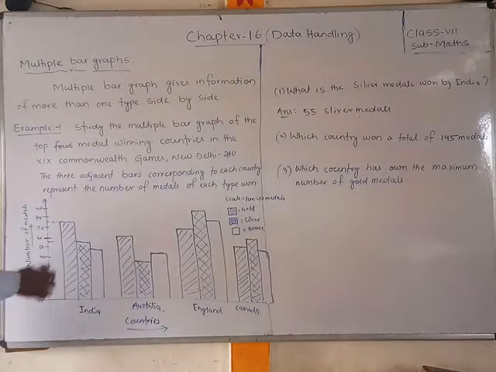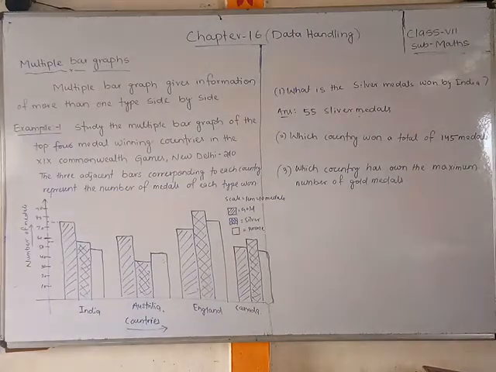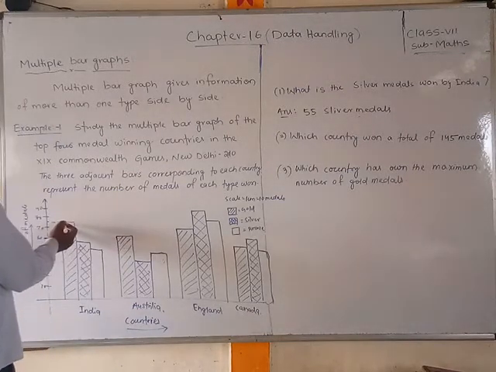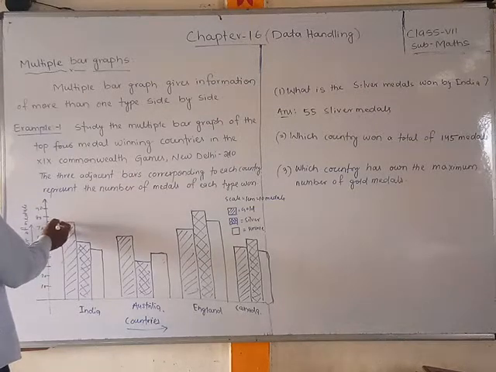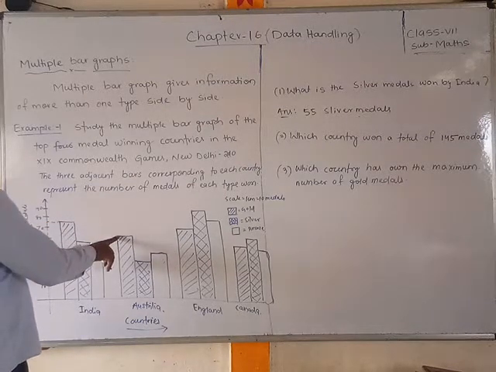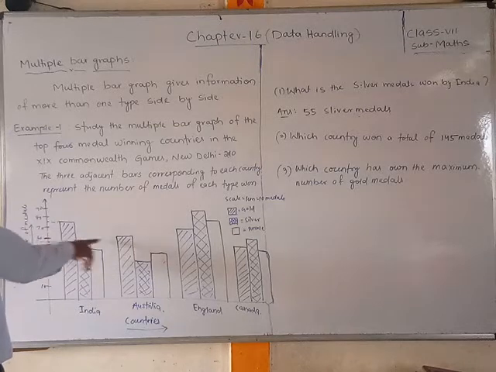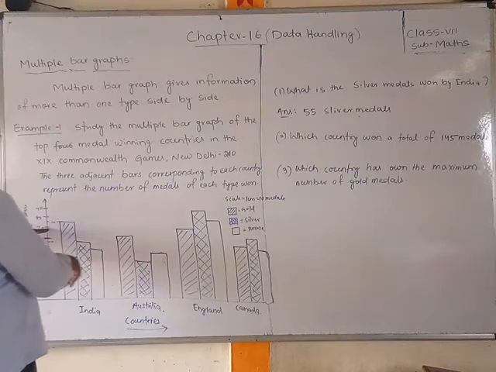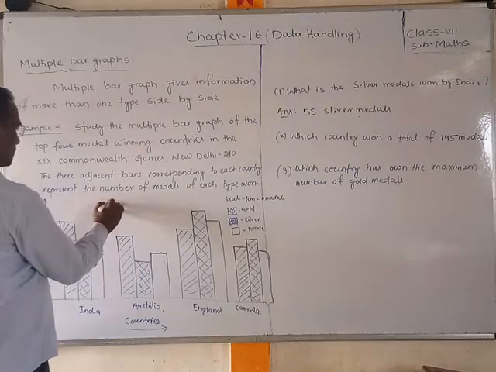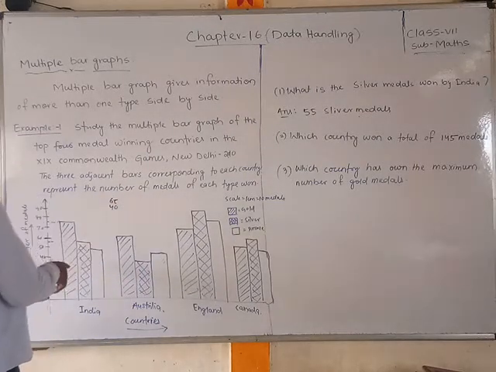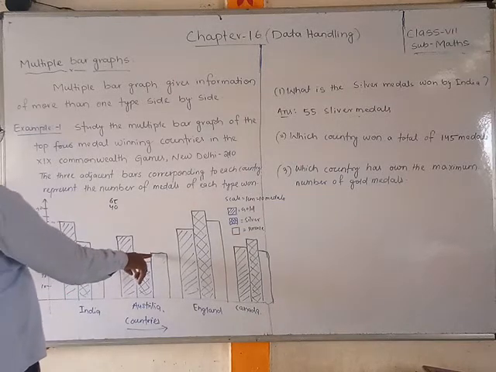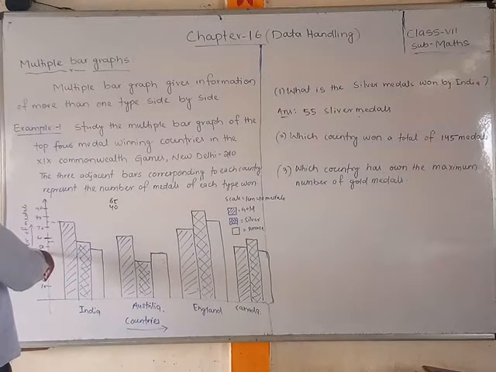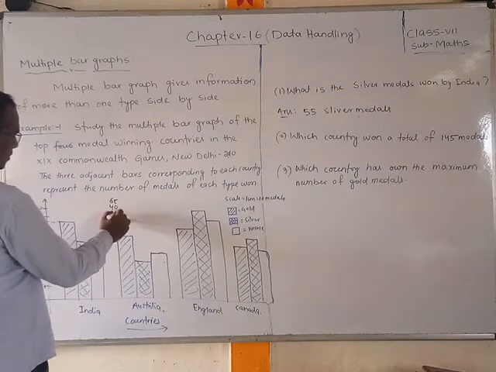Which country won 145 medals? You have to find the total. If you count, suppose this is 85, this is 65, and this is 40, so 65 plus 40. Then 105 and 55 give 155.